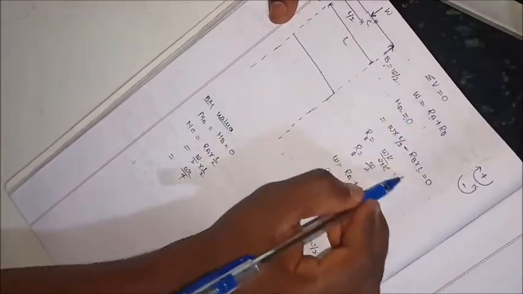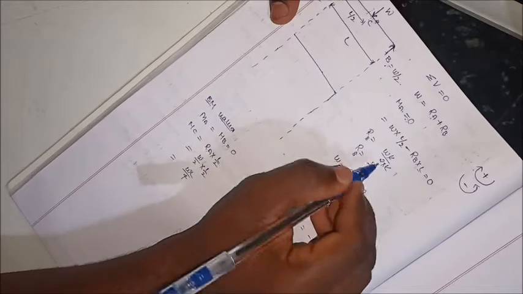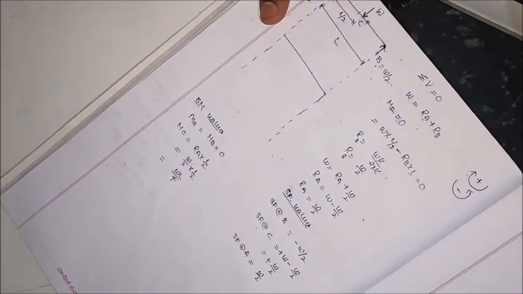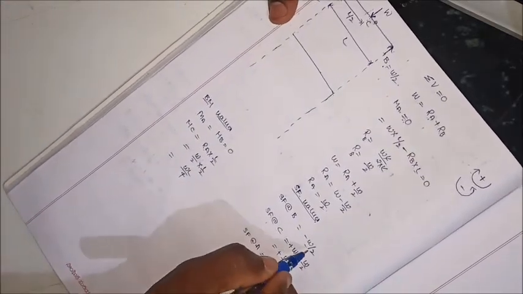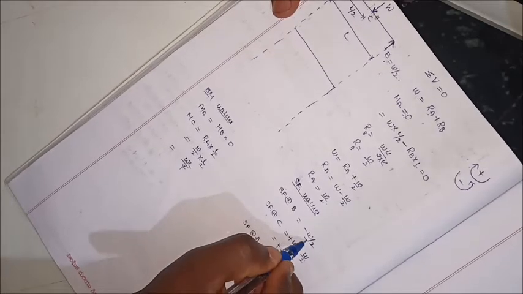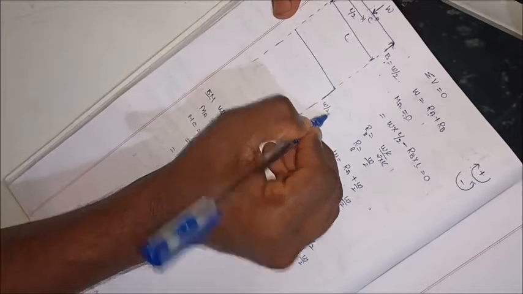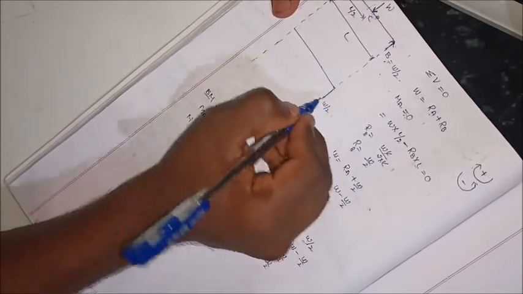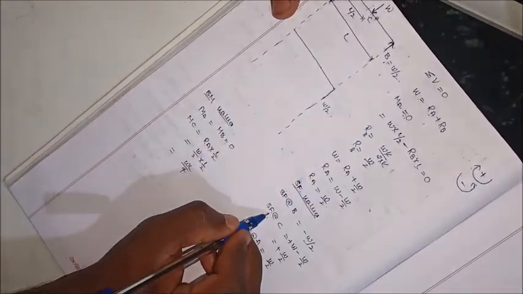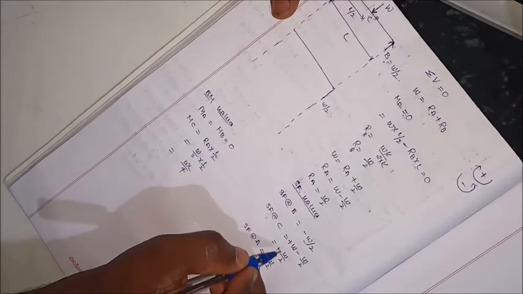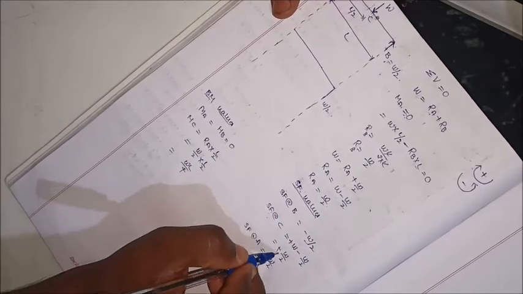Here RB is the negative value. So where is RB? RB is here. Negative shear force is drawn below the baseline. This is equal to W by 2. So then the shear force at C is positive W by 2.